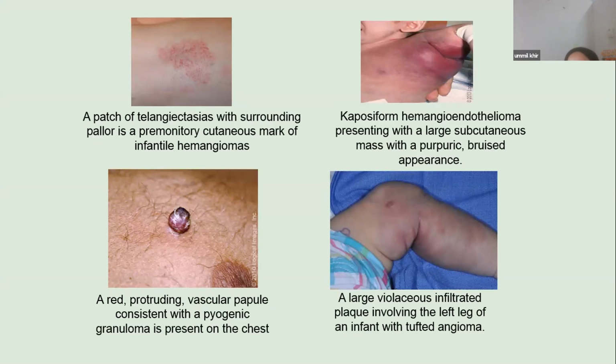So this is a clinical feature for Kaposiform hemangioendothelioma. And the picture below at the right side is the clinical feature for tufted angioma, and the last one is the clinical feature for pyogenic granuloma.